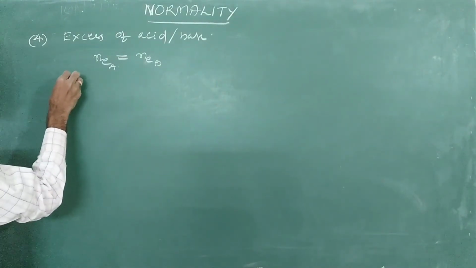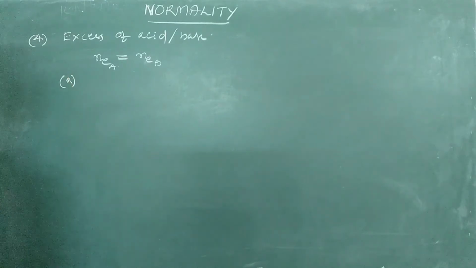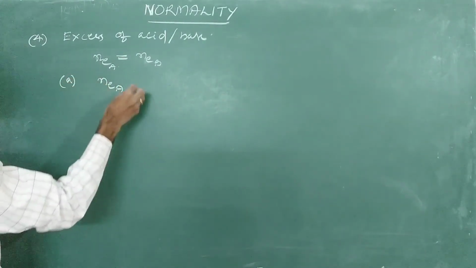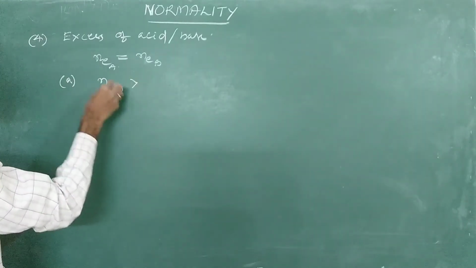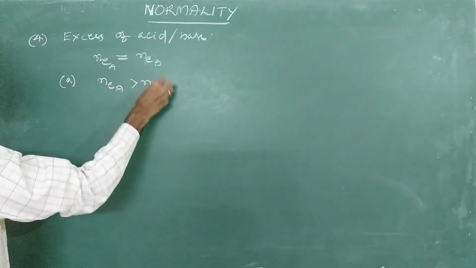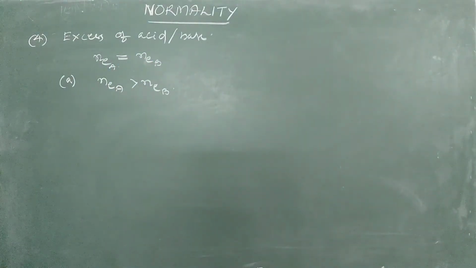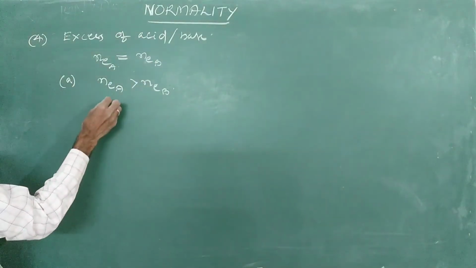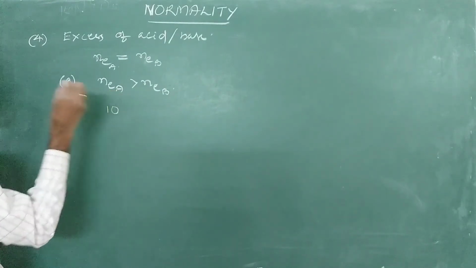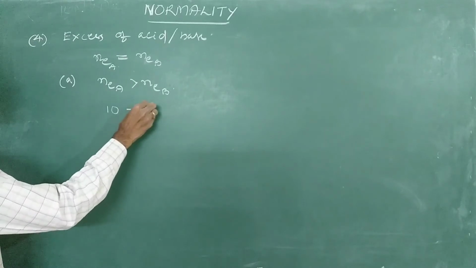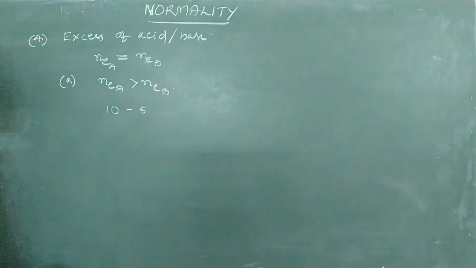In the first case, if number of equivalents of acid is in excess, then number of equivalents of acid is more than number of equivalents of base. Suppose 10 equivalents of acid is there and 5 equivalents of base is there. Base is added to excess of acid.